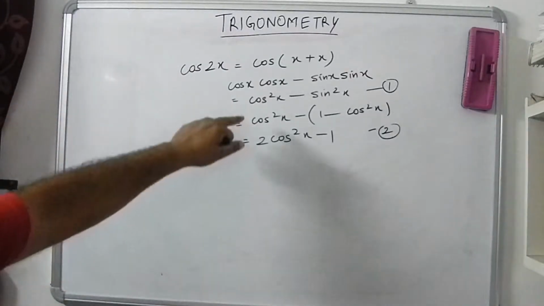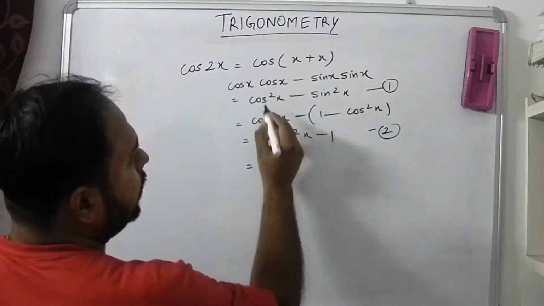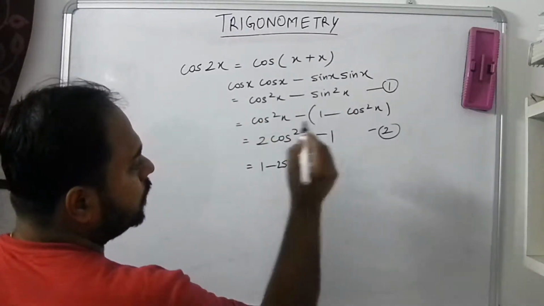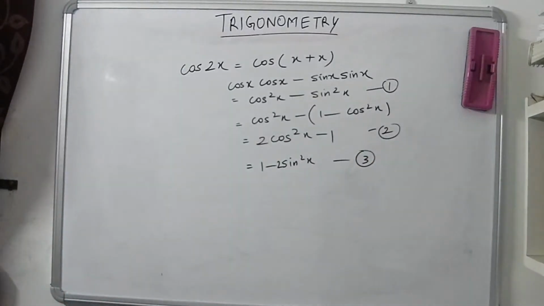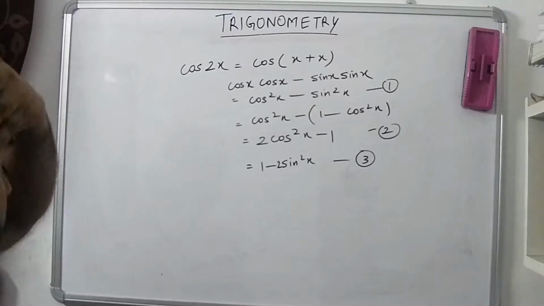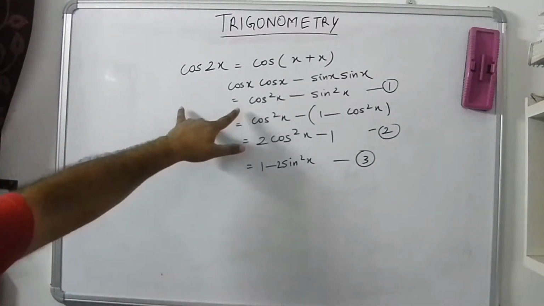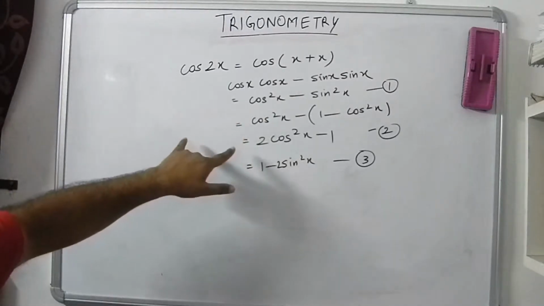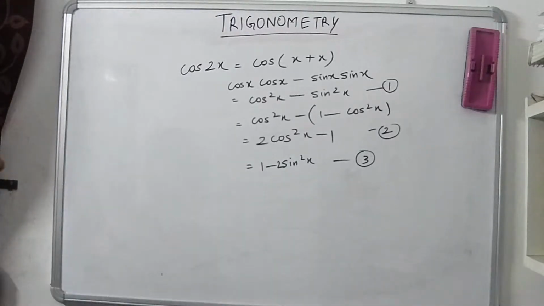Now the third one will be when I replace cos square x by 1 minus sin square x, it will give me 1 minus sin square x minus sin square x, so that is 1 minus 2 sin square x, right? Those are the three expansions. Depending on the type of problems we are solving and what we want as a result, we can expand it as difference of two squares, that is cos and sine, or just keep it as a function of cos or keep it as a function of sine, right?